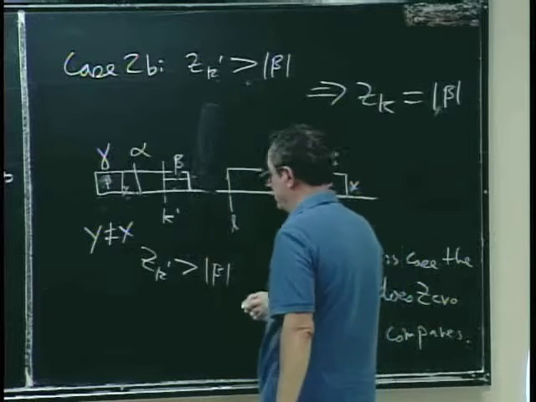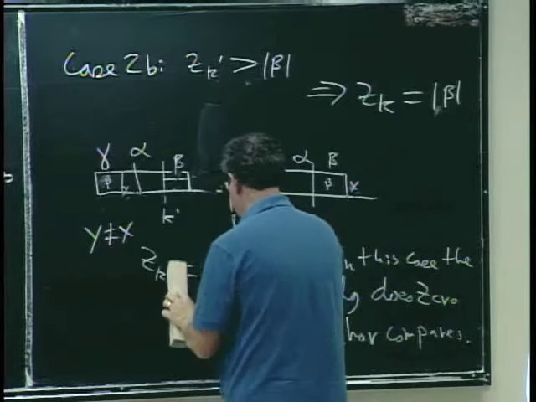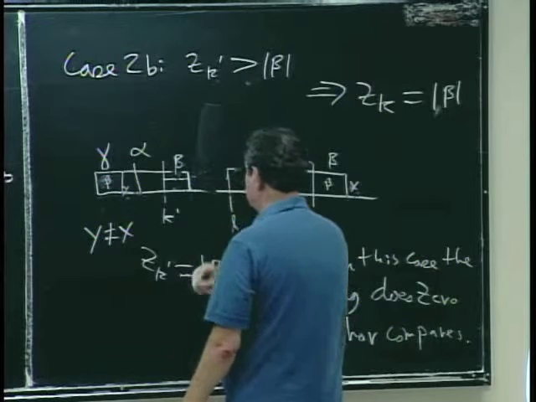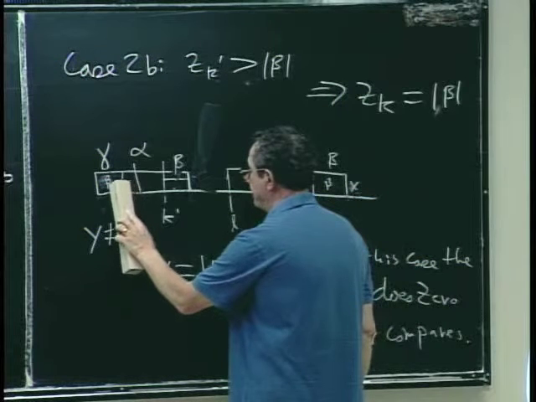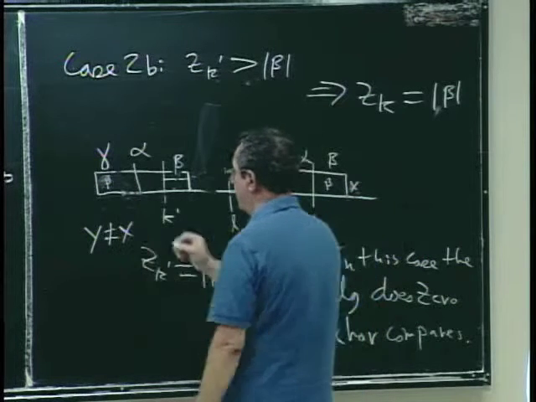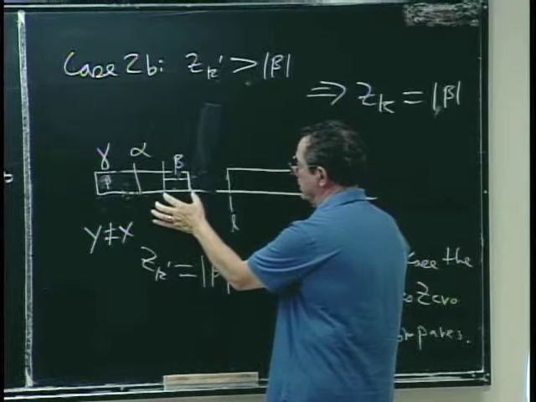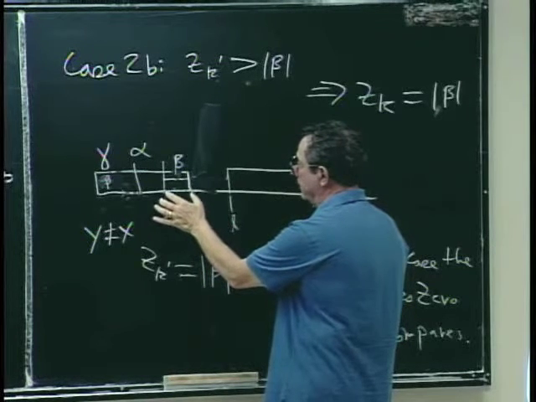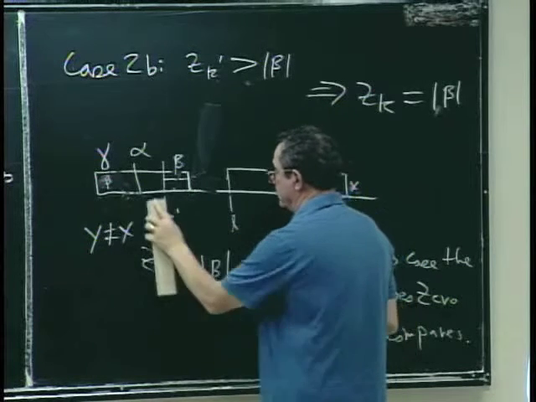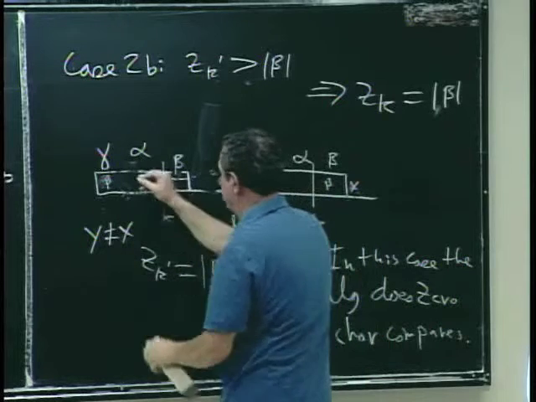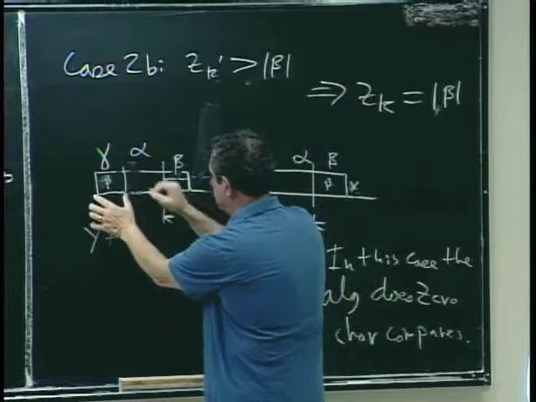All right, that means that starting at k prime, the longest substring that matches a prefix is of length beta. Now these kind of got out of scale. I'll just try to fix that a little bit. This is beta, that's beta. There.